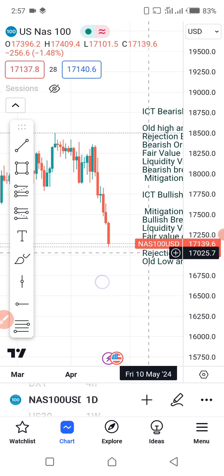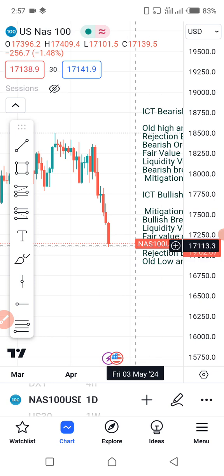Where the ICT PD Array comes in is, as you can see, the market has already gone down, and if you want to sell, you can't just come in and start selling because you think the market is down. You have to wait for the market to retrace back to a specific PD array that you can see on the daily, on the trading range that has formed on whatever time frame you are trading on.